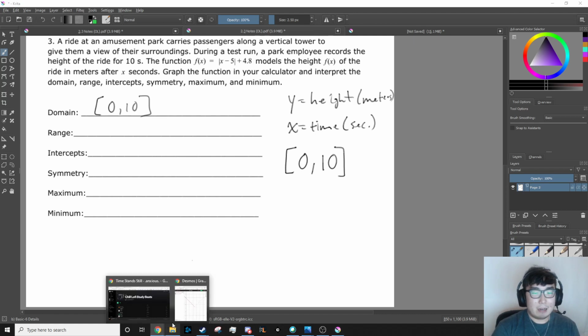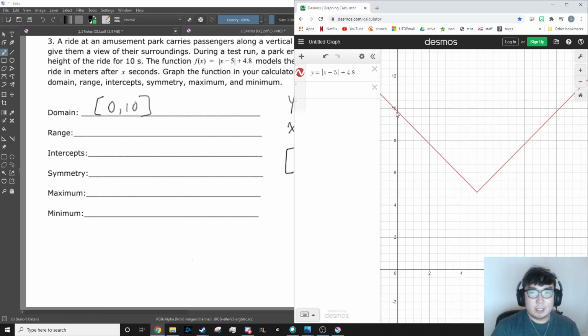How high and how low did he go? So he was as high as here, (0, 9.8), where he started. He went down the ride in 5 seconds to 4.8, and in the other 5 seconds, he went back up to 9.8.